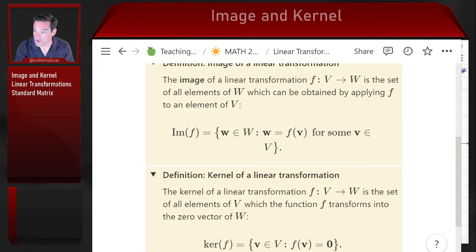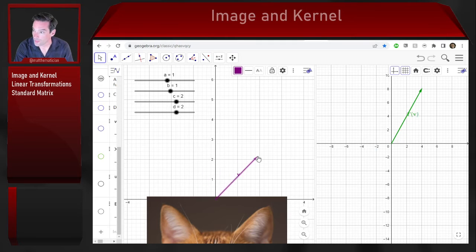So you'll notice, for example, that in this example here, where the image seemed like it was a line through the origin, well, a line through the origin in two-dimensional space is an example of a vector subspace of R2. Same thing with the kernel, that all of my vectors that wound up getting sent to the 0 vector, they look like they lie along a common line through the origin. It looks like the line y equals minus x in this example. Right? All those vectors are getting sent to the 0 vector in the codomain.